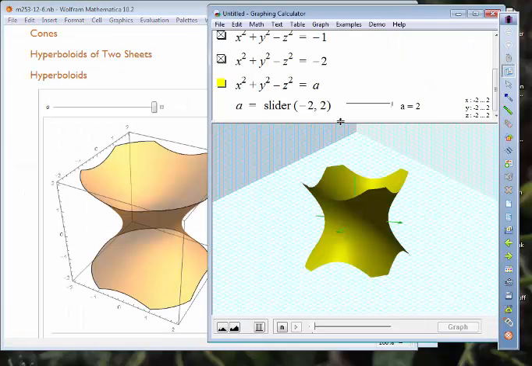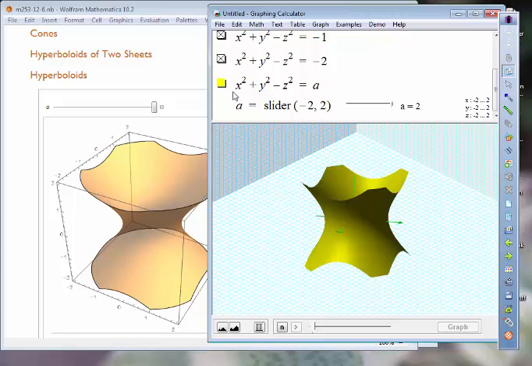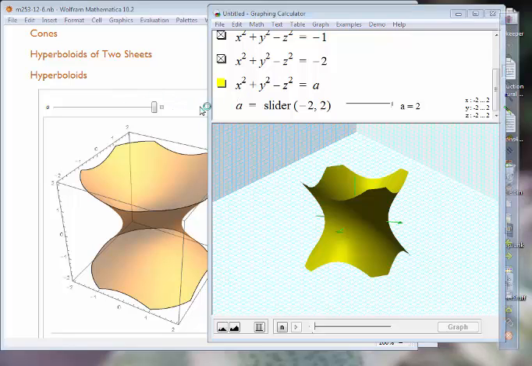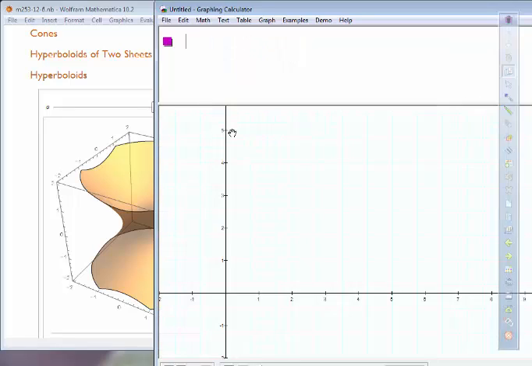But if I was interested in having a hyperboloid go sideways, I simply have to switch the orientation of where the x and the z, or the y and the z, is going to go. So just do one more graph. Put the negative in front of the x instead, and then make the other two positive.